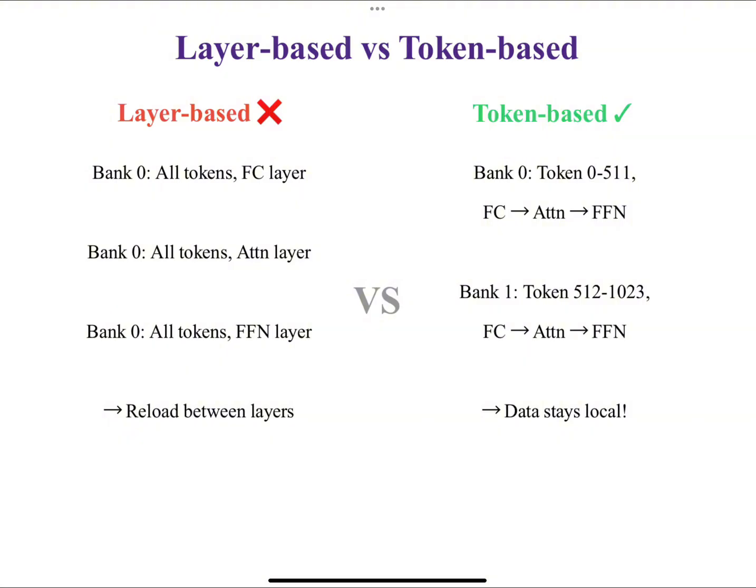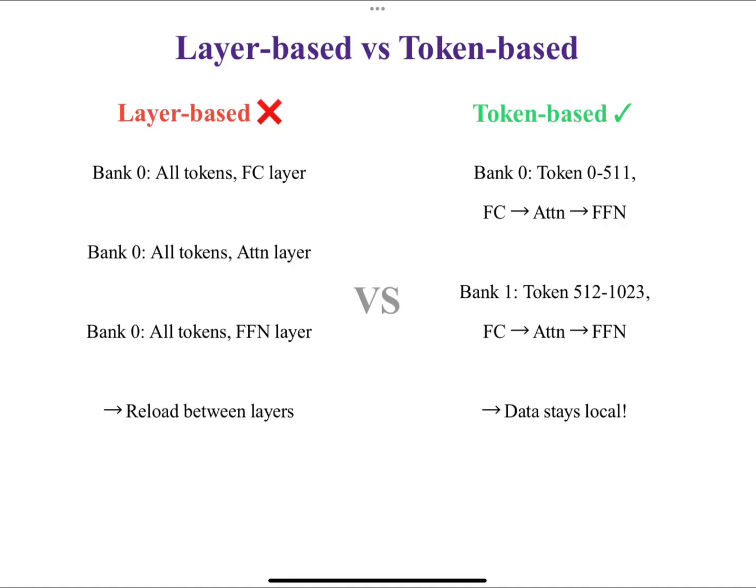Okay, so here is a direct comparison. For the layer-based flow, Bank 0 loads all tokens and runs FC, then reloads the same tokens again for attention, then reloads again for FFN, which means lots of wasted movement. Then for the token-based flow, Bank 0 gets tokens 0 to 511 and processes FC, attention, and FFN in one place.